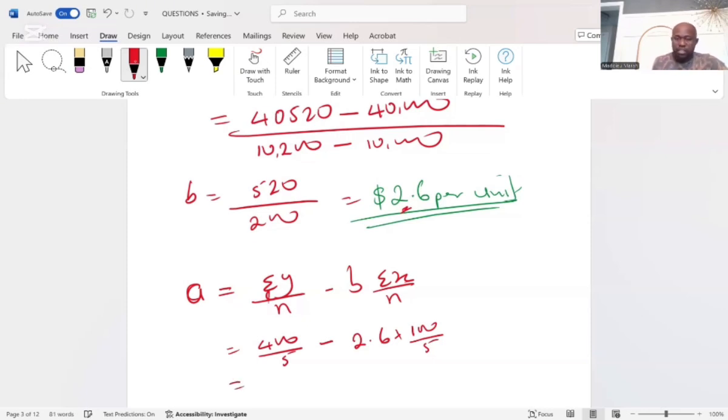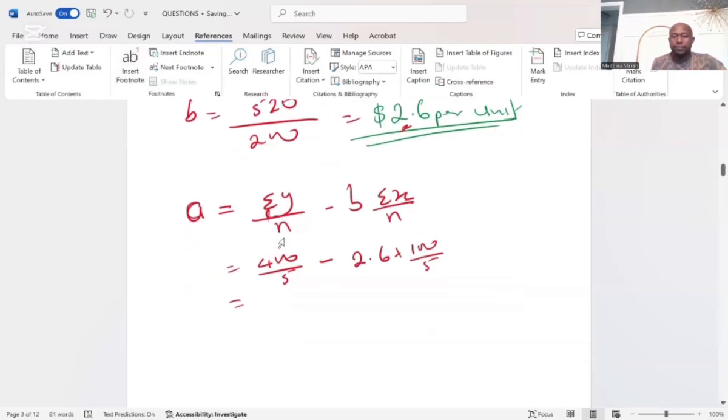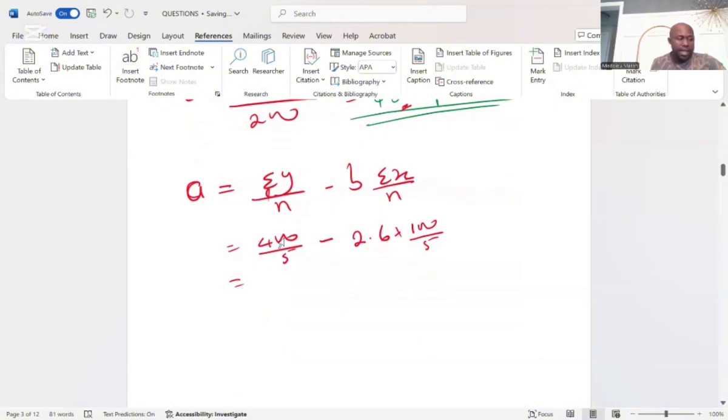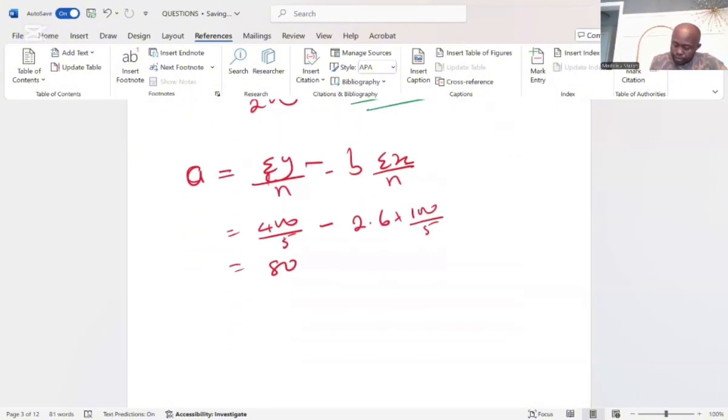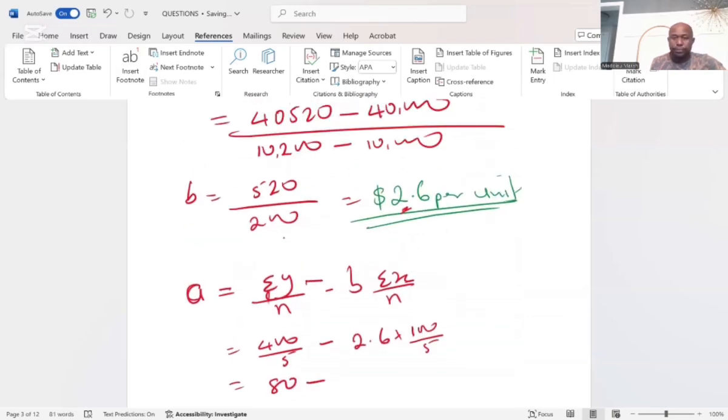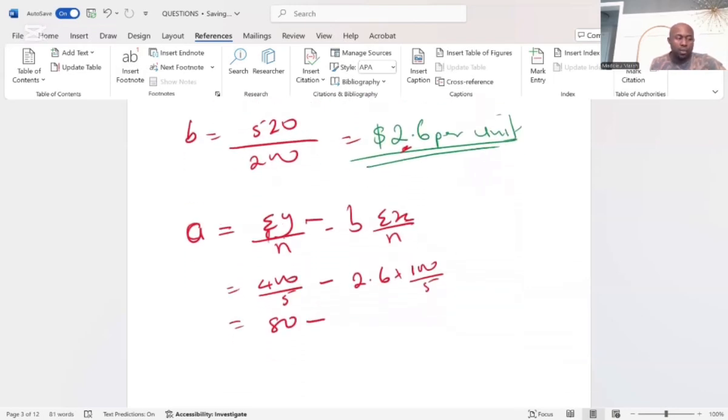So 400 upon 5 will give me 80. 80 minus, and 100 divided by 5 multiplied by 2.6 will give me 52.